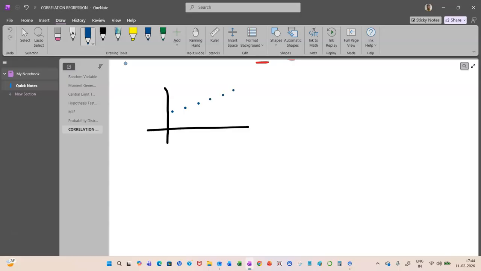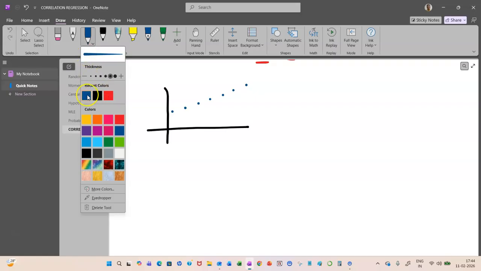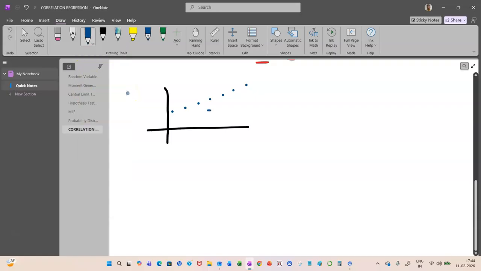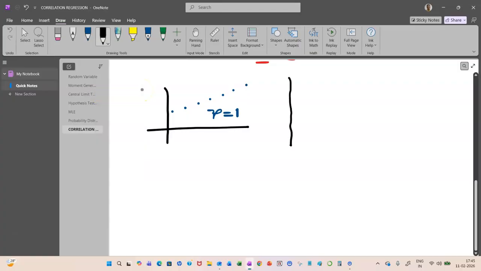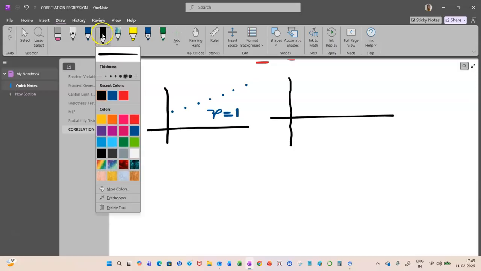This is the case when r is maximum. When r equal to minus 1, it is the opposite: the slope is negative and the data lie on a straight line.